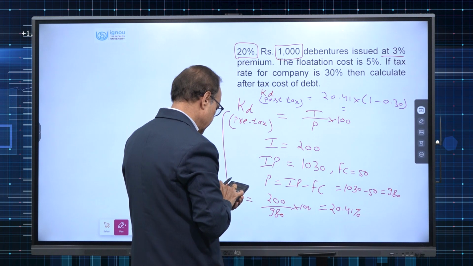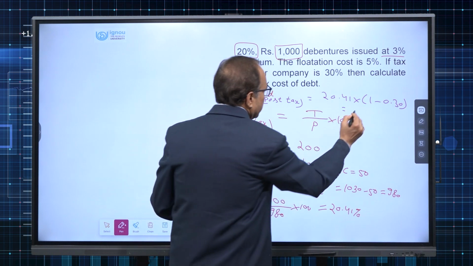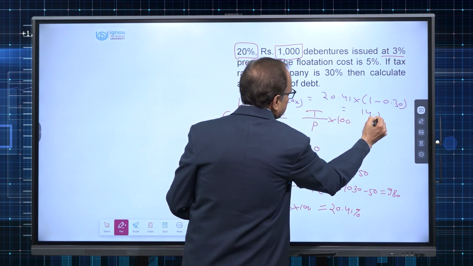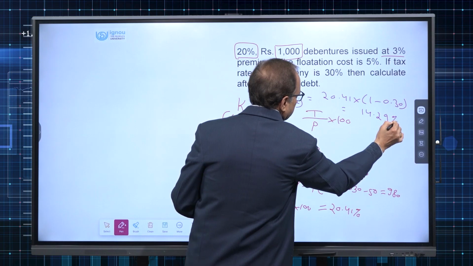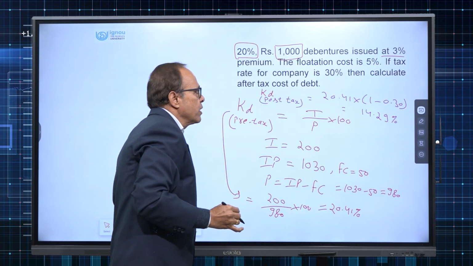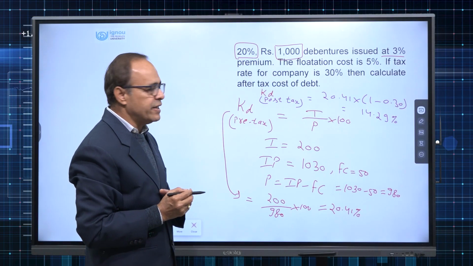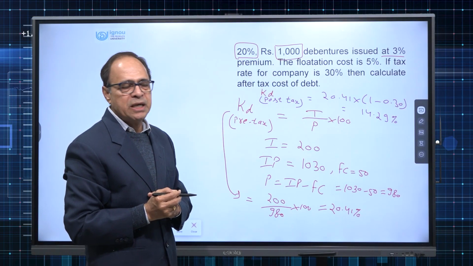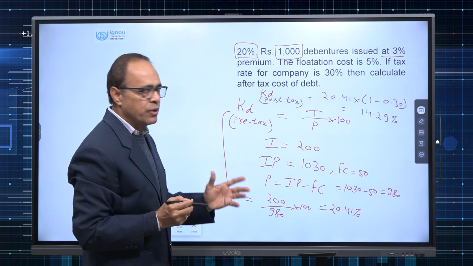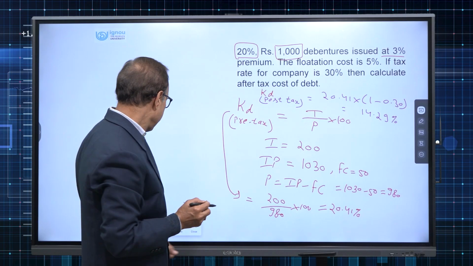So we get 14.29%. So that is the way we calculate cost of debt in case of perpetual debt. I hope you understand it very well.